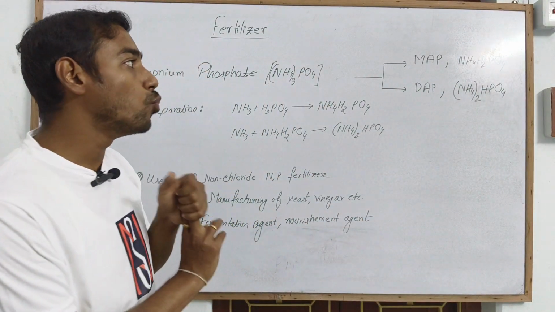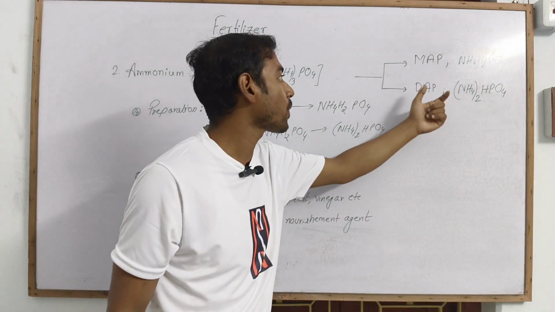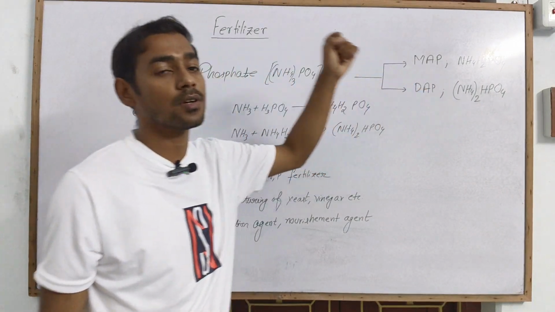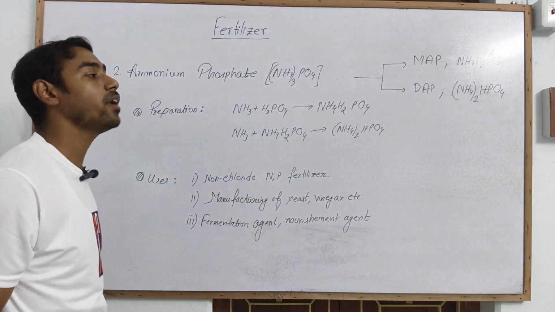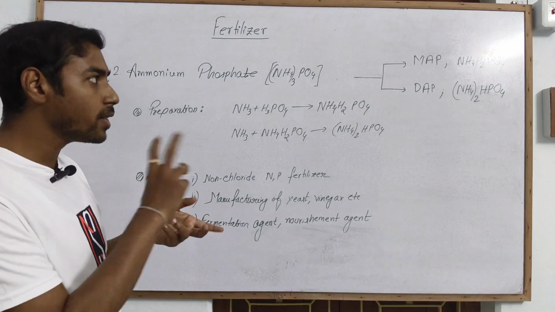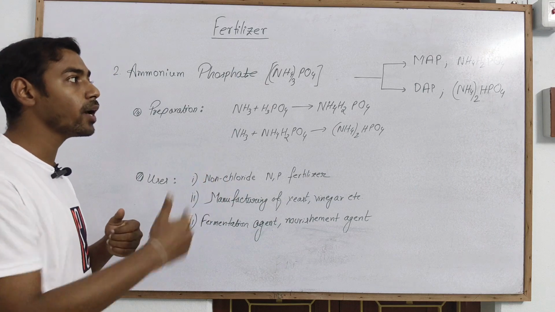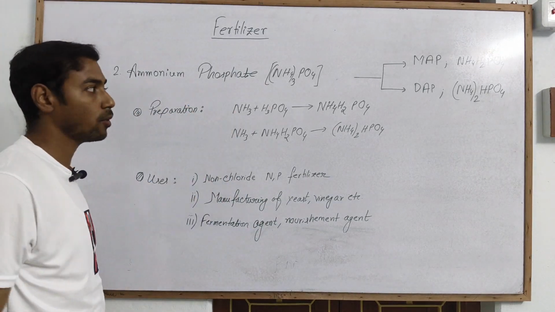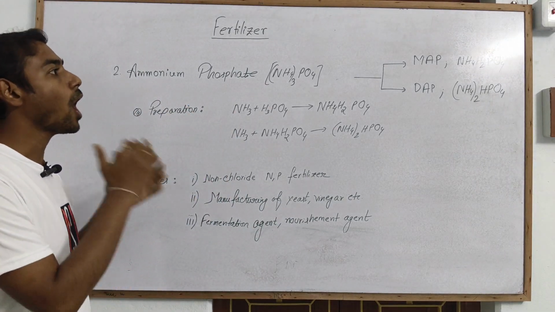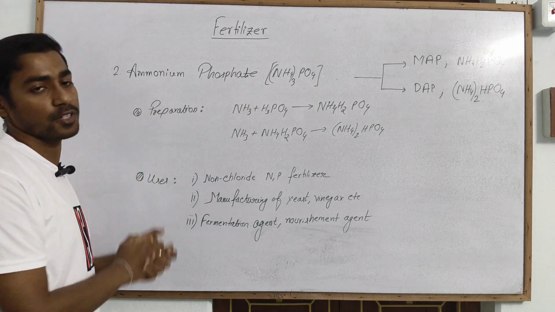That is, one hydrogen is replaced in MAP, and here two hydrogens are replaced in DAP. So basically they can be interconverted to each other by changing ammonia and orthophosphoric acid. Okay. So first of all, how is this monoammonium phosphate prepared?